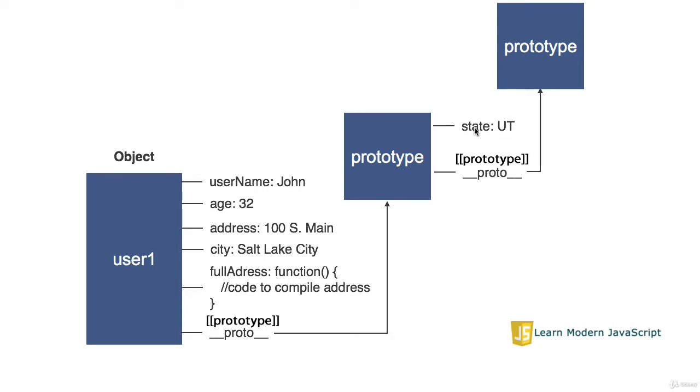If it finds it there, it returns it. If it doesn't find it, it continues up the prototype chain. If it gets to the uppermost object in the prototype chain and is not able to find the property that is referred to, then it returns undefined.